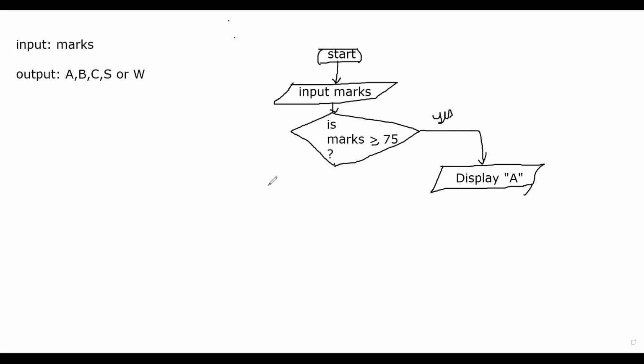If it is no, then again you have to have a selection, isn't it? If it is no, what are you going to check? You are going to ask whether marks is greater than or equal to 65.